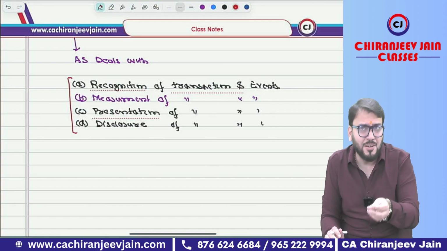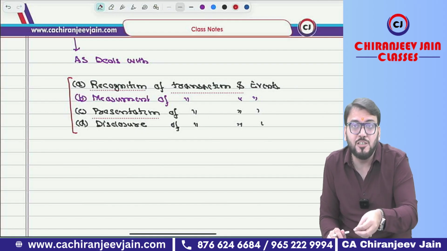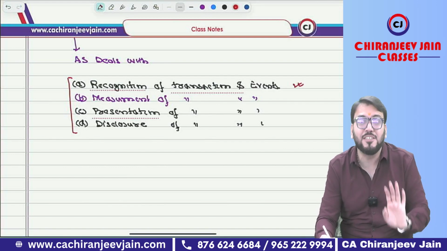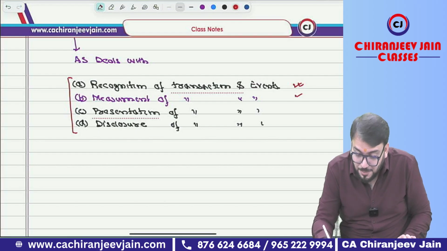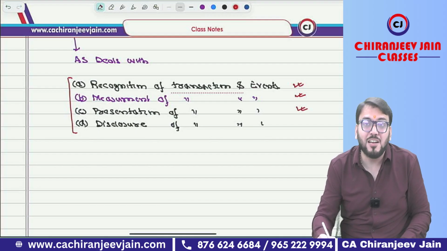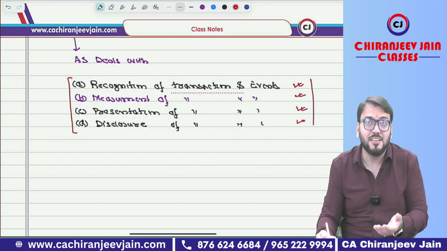Correct. For example, our first accounting standard will be AS2, that deals with valuation of inventory. So we need to understand how to recognize inventory, when to recognize inventory, what will be the measurement of inventory, how to present that inventory, and what are the disclosure requirements of that inventory. That AS2 will deal. Correct. Understood.